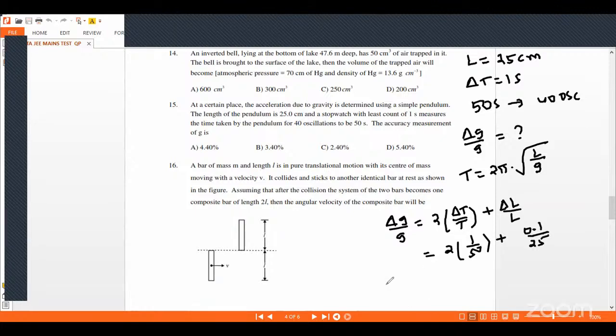So delta g by g into 100 is approximately 4.4%.